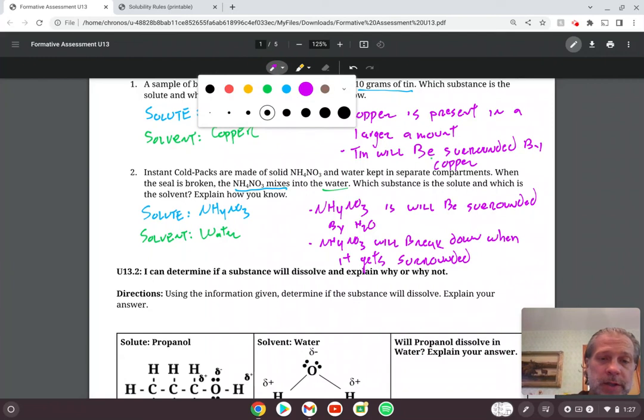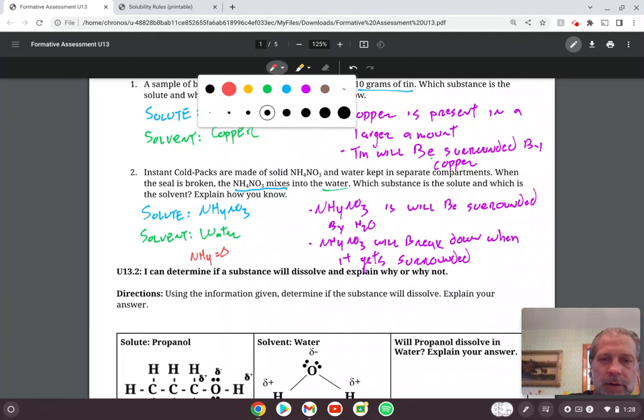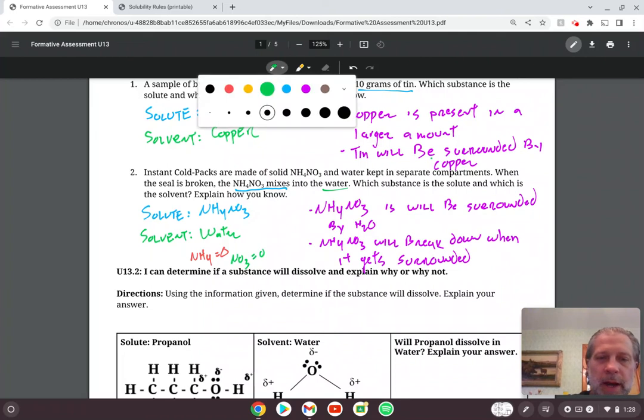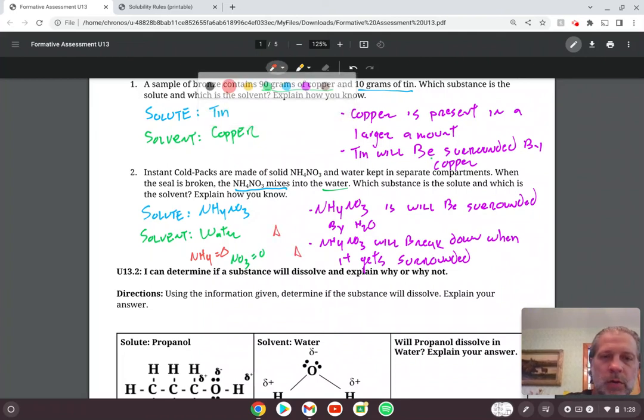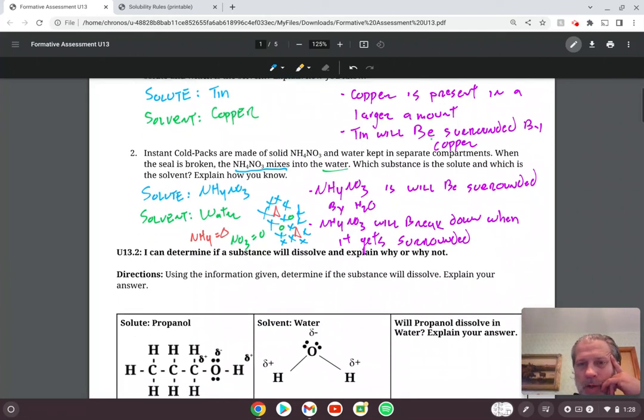If we were to draw a real quick sketch of that, say NH4 was a triangle and NO3 was a circle, we might have some NH4, some NO3, something like that, and then we'll have them surrounded by the water and they're separated. That's another way that you can identify whether or not something has been dissolved. So that's your first learning target for this section.